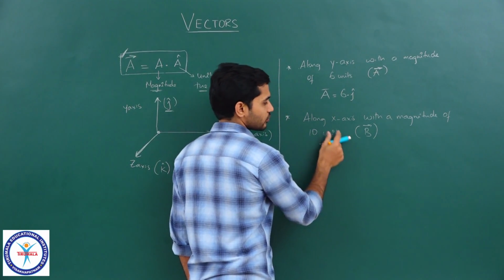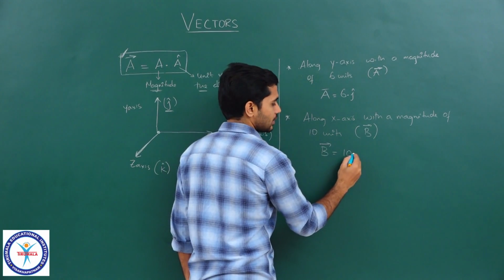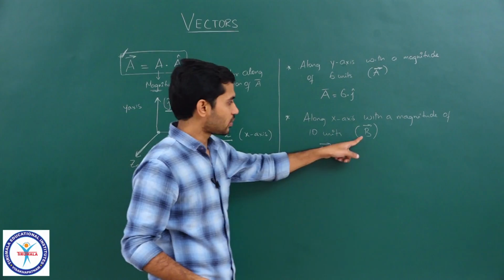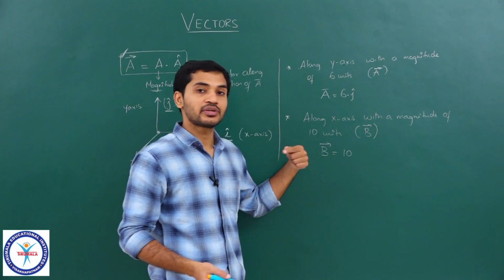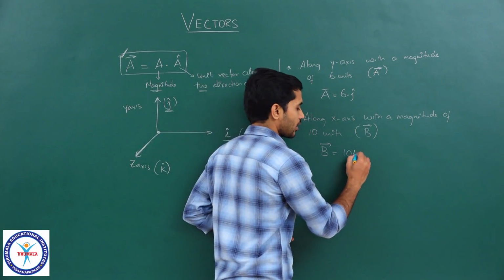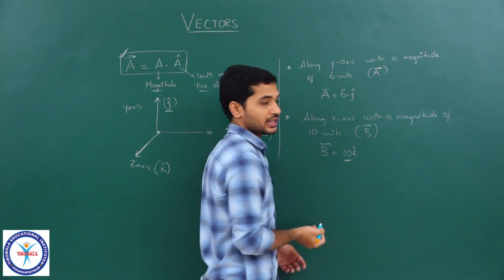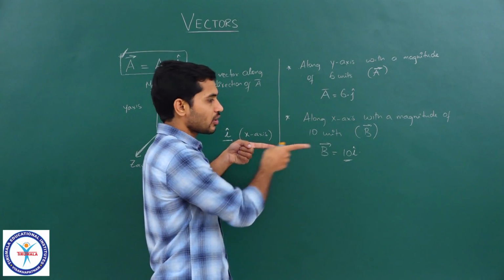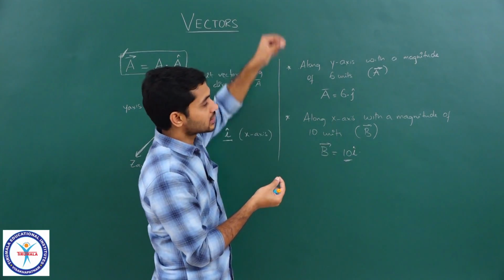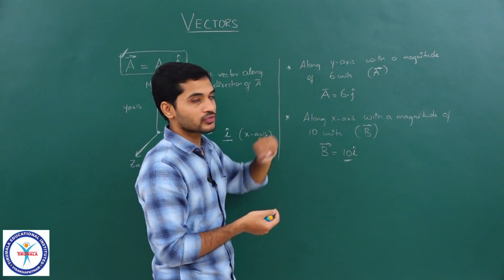B bar is equal to, first write its magnitude 10 into what is the unit vector in the direction of b bar? B bar is along x axis and unit vector along that direction is called I cap. So 10 I cap. So that is how we should understand. So 10 I cap means the vector is along this direction having a magnitude 10. 6 j cap means vector is along this direction having a magnitude of 6.